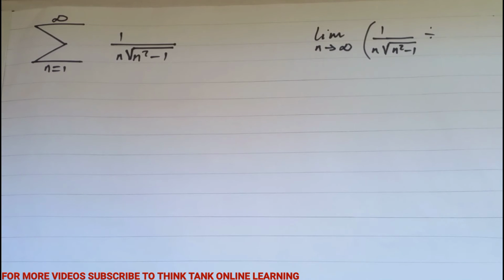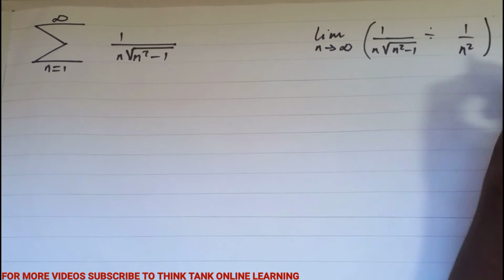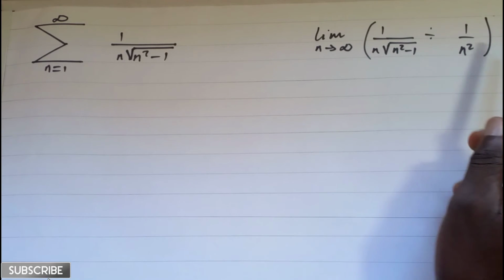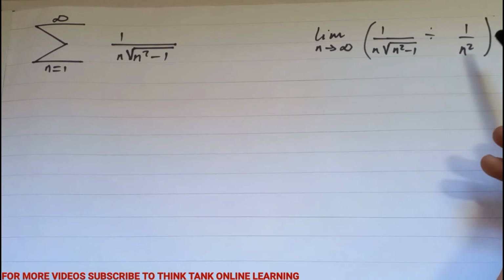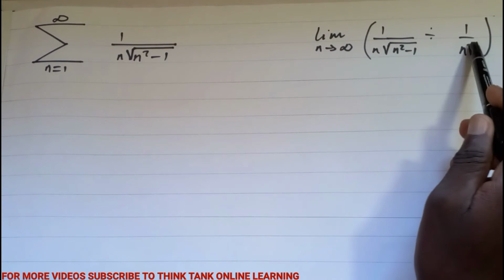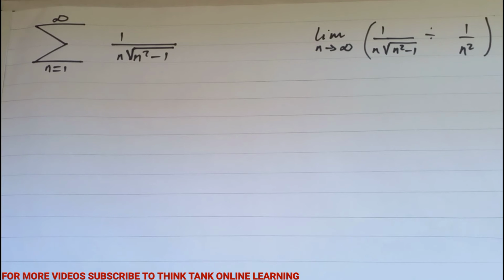So I'm going to compare it with 1 over n squared, and we know that this series converges because it's a p series of power 2, so that means I am going to get a number which is not 0, and if I get that number, that means if this series converges, this series also converges.